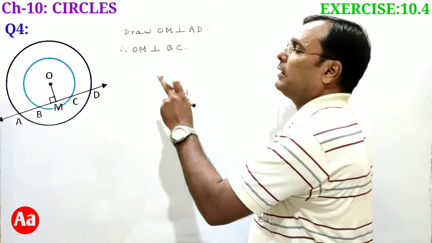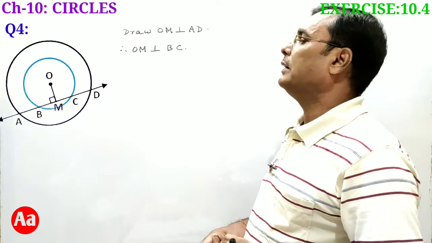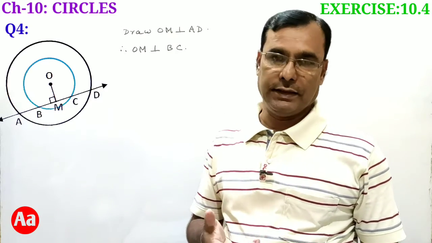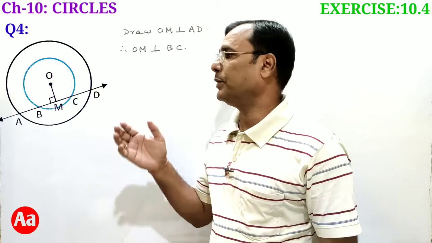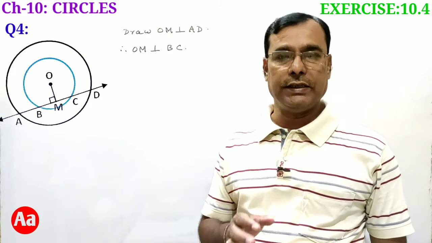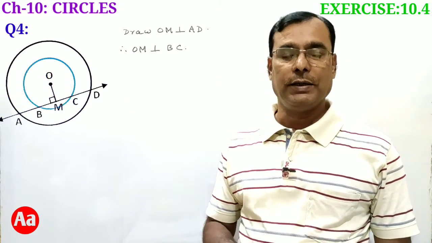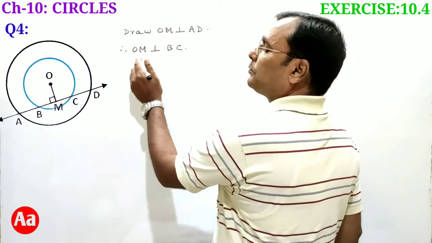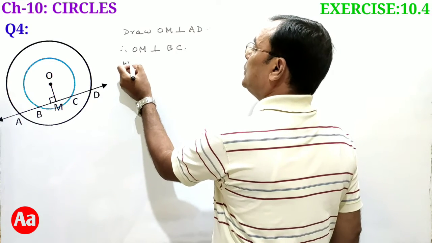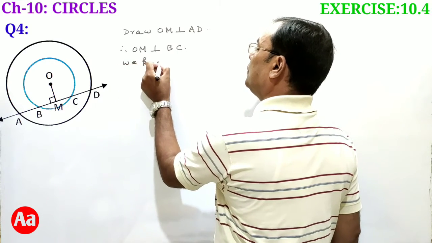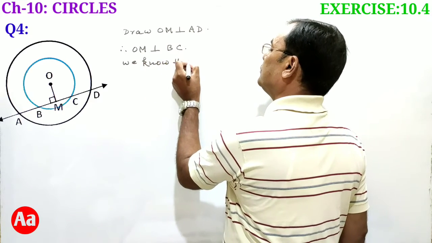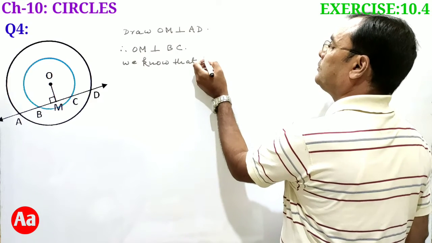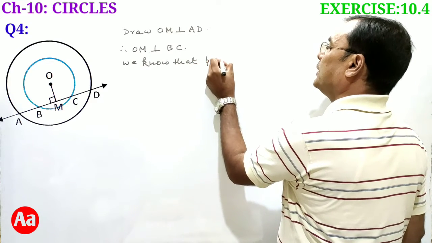Now AD is a chord of outer circle and OM is drawn perpendicular to the chord AD, and we already know that perpendicular drawn from the center of a circle to a chord bisects the chord.